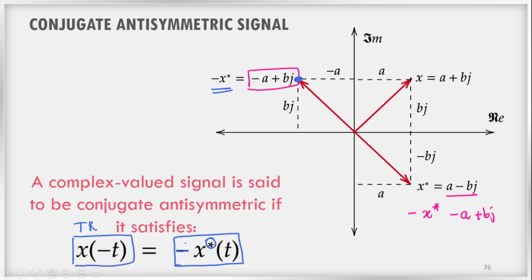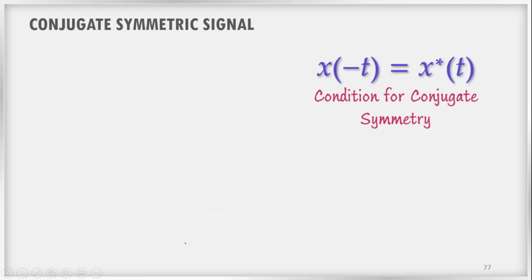Now what happens to the real part and imaginary part of the complex signal when it is conjugate symmetric and conjugate antisymmetric? First let us assume that the signal is conjugate symmetric. What is the condition for conjugate symmetry? x of minus t is equal to x asterisk of t. That means the time reversed signal is equal to the complex conjugated signal.